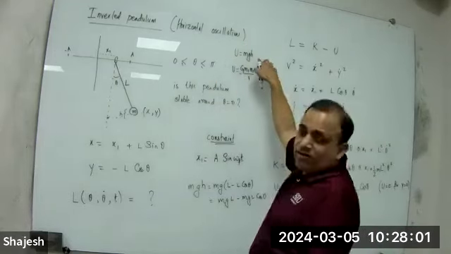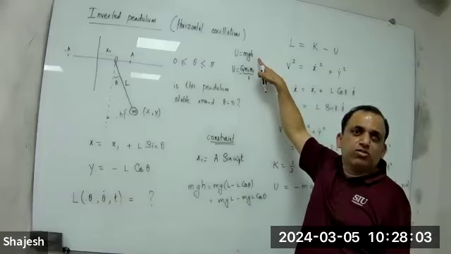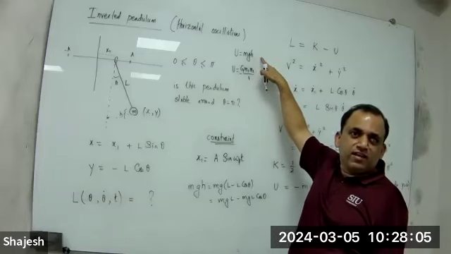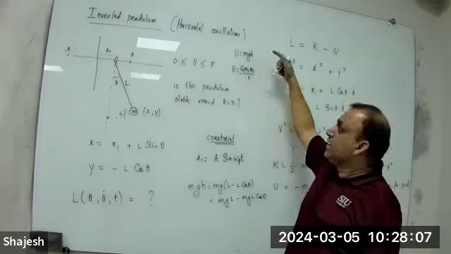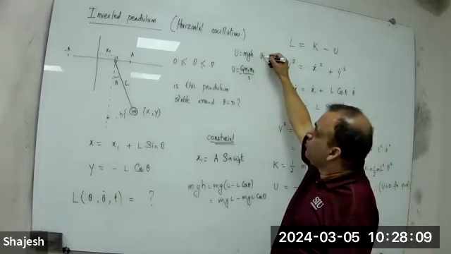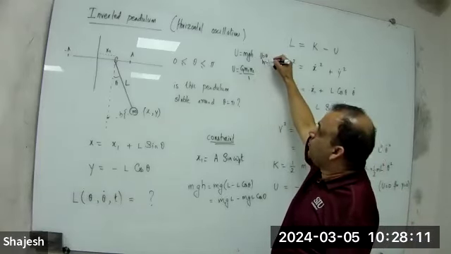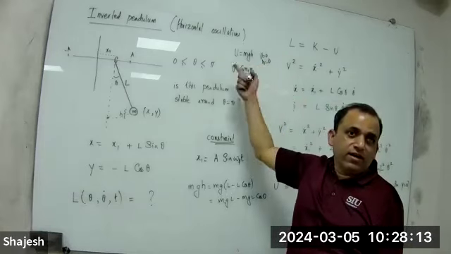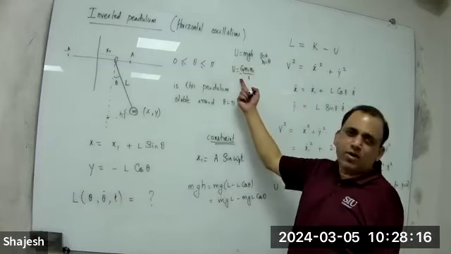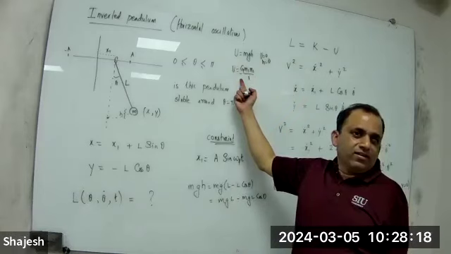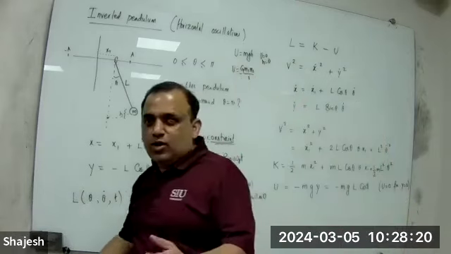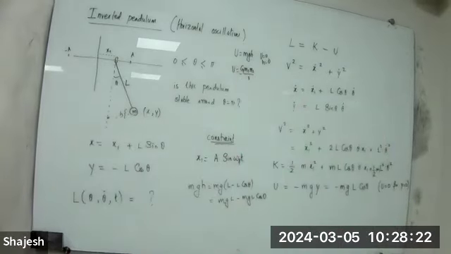So now where is my reference point? Where is my U zero? In this case, you set your ground. Ground is zero. So U is equal to zero when height is equal to zero. What about this one? Whenever r is zero?